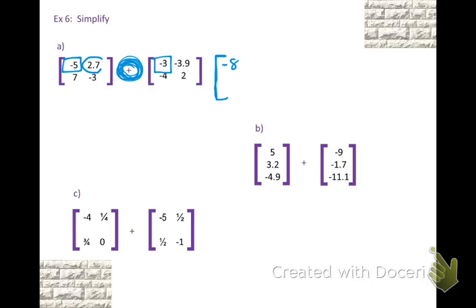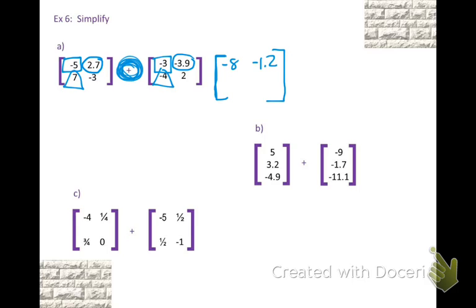And then you would do the right-hand side top. So 2.7 plus negative 3.9. And that equals negative 1.2. Then you're going to do the 7 and the negative 4. They're on the bottom left.